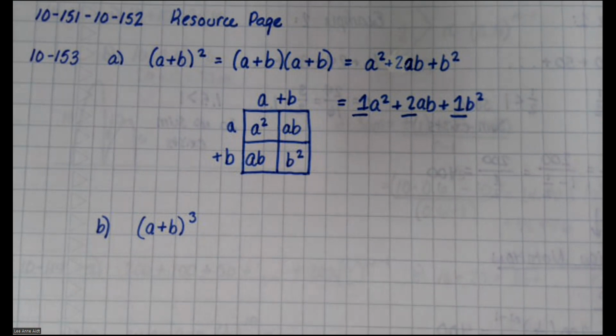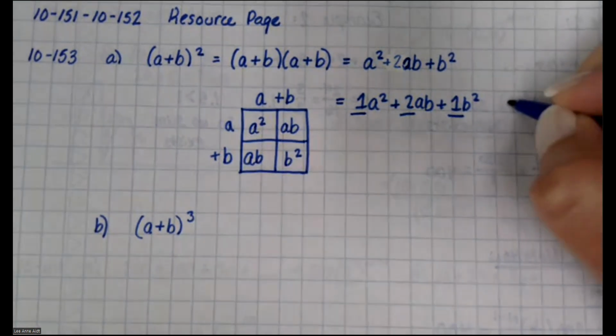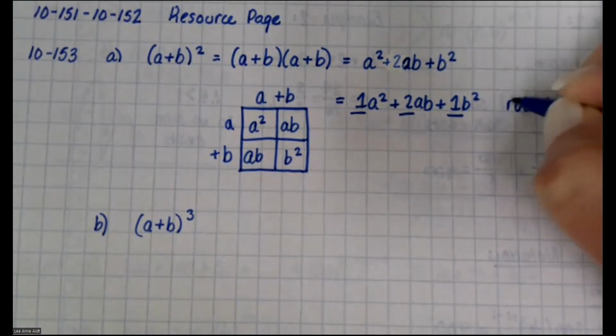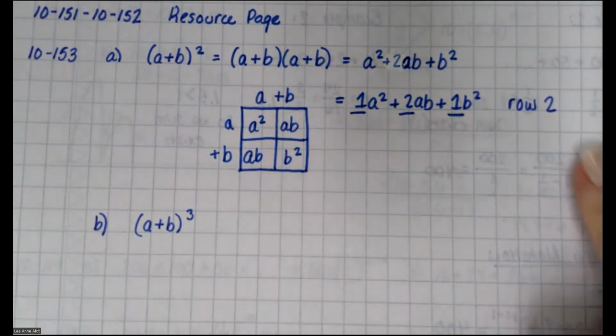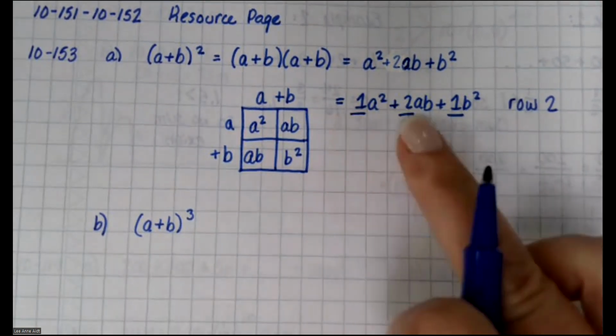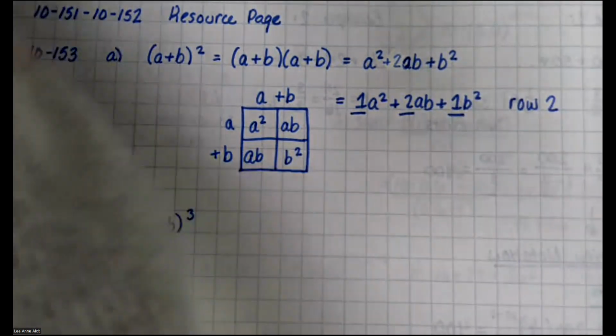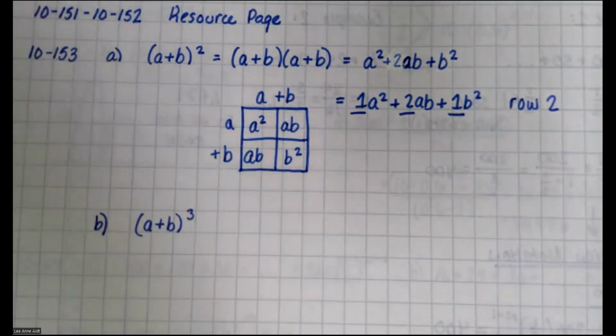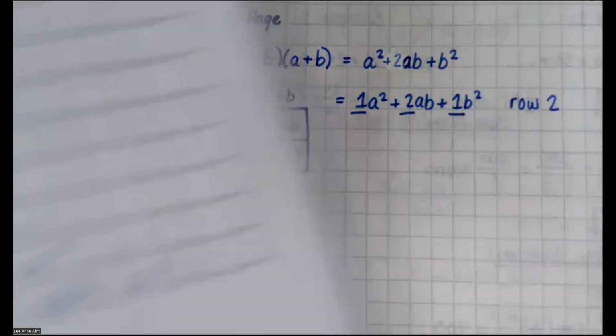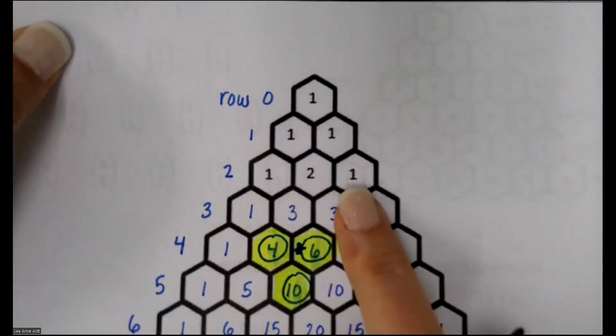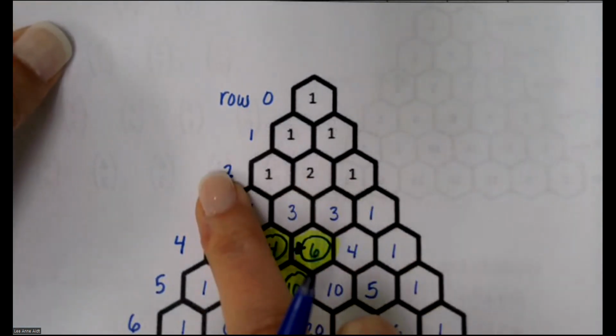Do you see 1, 2, 1? What row is that? Row 2. Okay, you're looking right here at the 1, 2, 1, and that is row 2.